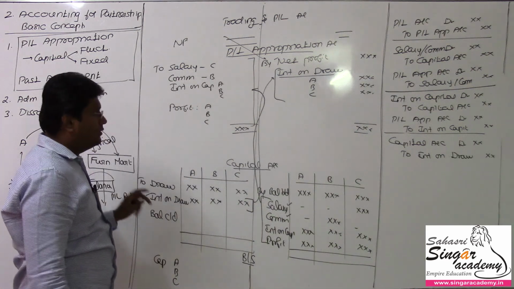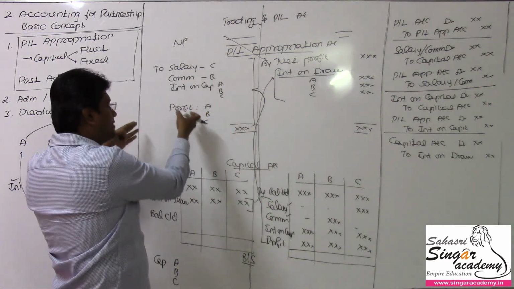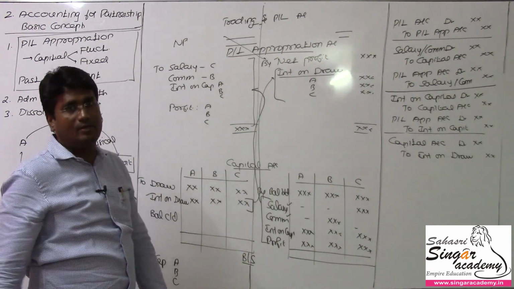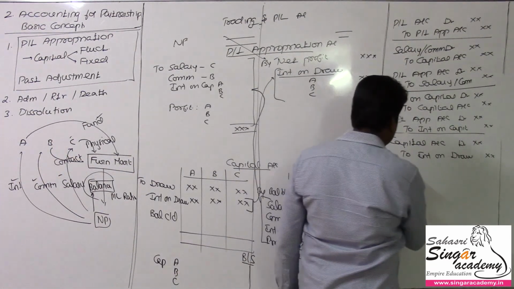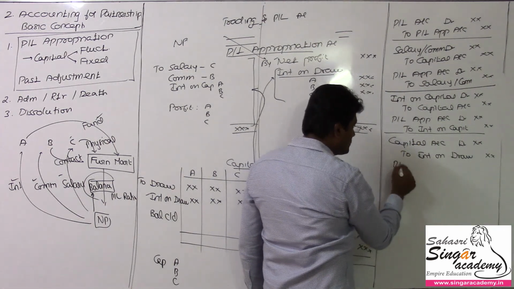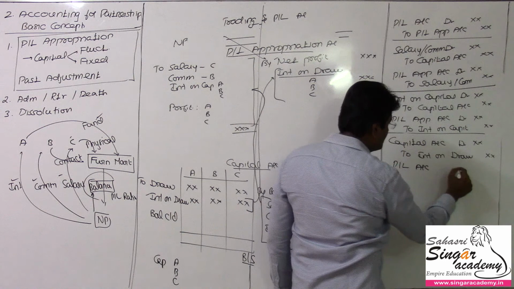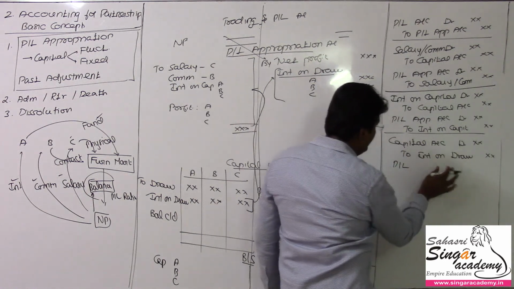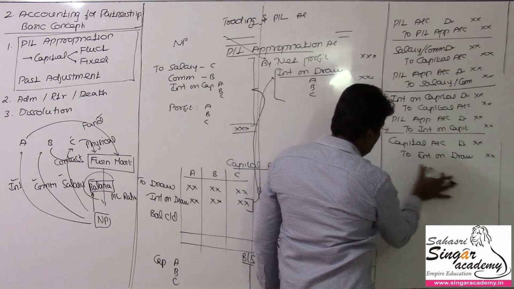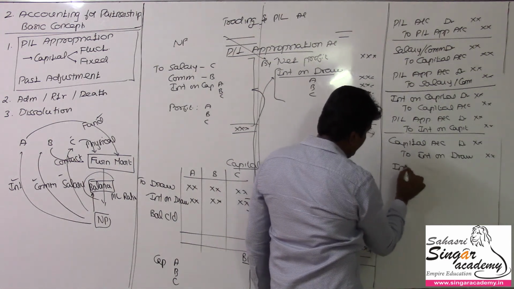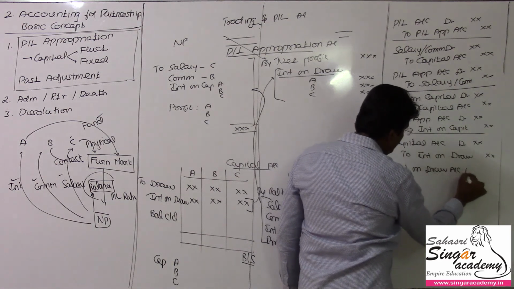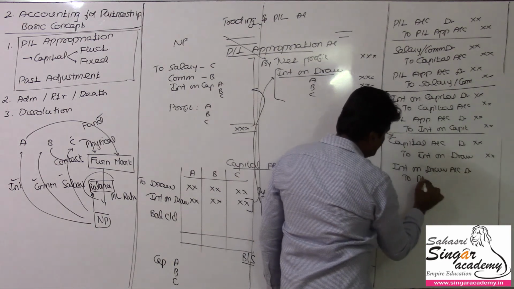Over. If you tally this, whatever the balance you get, the profit is meant for the owners. So the entry will be P&L appropriation account debit to partners' capital. Directly you can pass it. Okay, this one should also be transferable to the P&L appropriation account. So for that the entry will be interest on drawings account debit to P&L appropriation account.